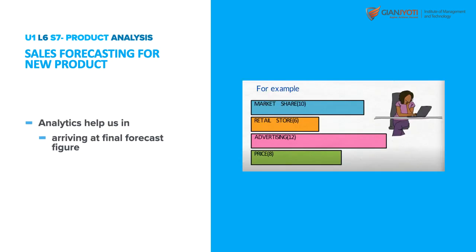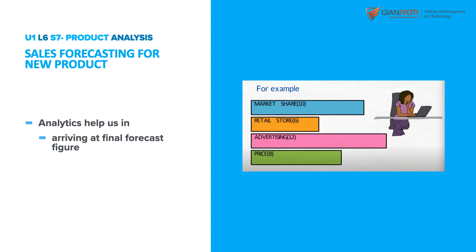Now, once you have done that, as I said, analytics help you in all the four approaches. But rather than using one approach, what generally people in the industry do is they have a figure. For example, with the market share for the new product, the forecast is $10 million worth of sales.